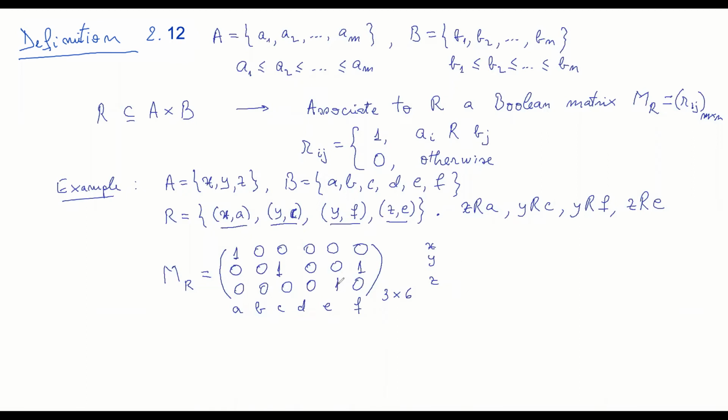Right. So there are now a number of properties I want to prove about this mapping from relations to Boolean matrices, and I formulate several of them in the following lemma. This is lemma 2.36 in your lecture notes.